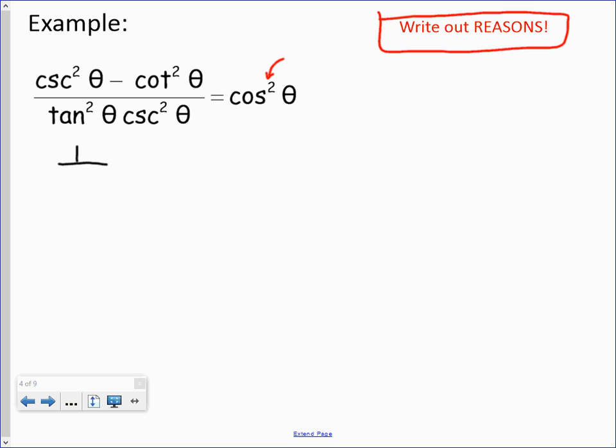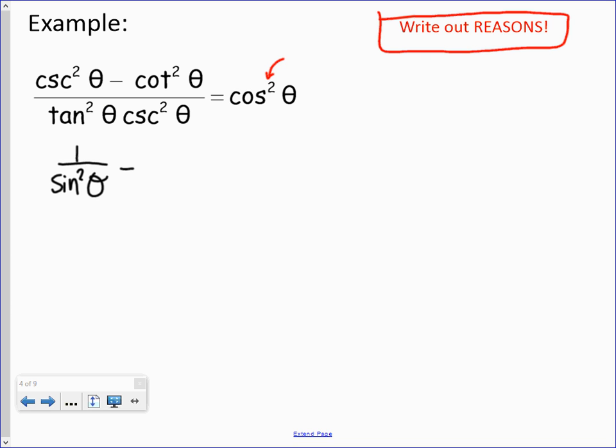So I'm going to write 1 over sine squared theta minus, were you going to do anything with cotangent and tangent using reciprocals? What's that other one with tangent and cotangent? Quotient. Quotients. Yeah, so are you okay with me doing 2 steps in one right here? We're going to rewrite everything using reciprocal and quotient properties.